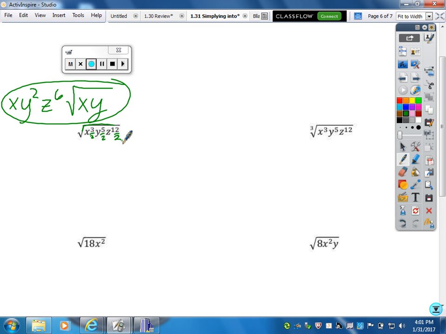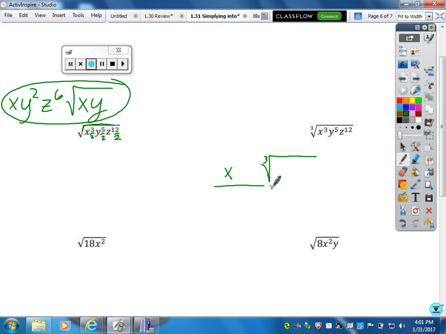So let's try that trick instead of writing everything out for my second example over here. Same variables with exponents, but I'm doing a cube root. So square roots is 2, cube roots is 3 of a kind. So how many triples do I have in x cubed? Just 1 triple.